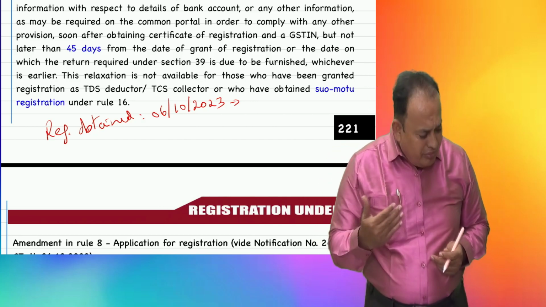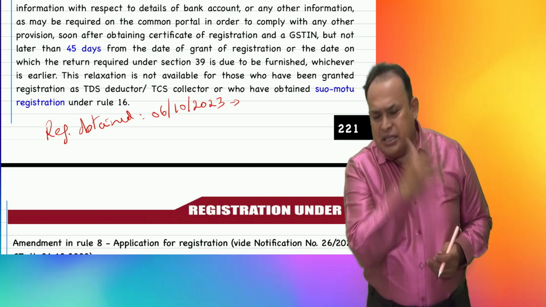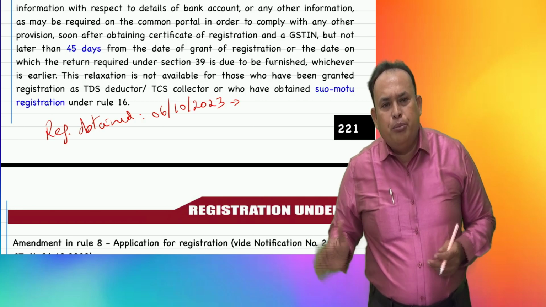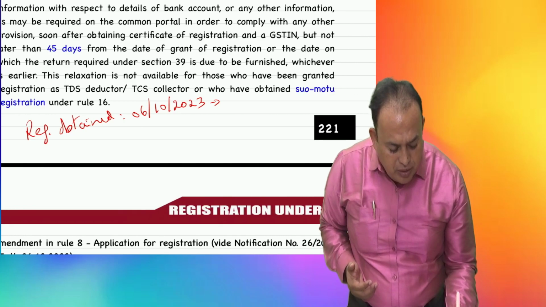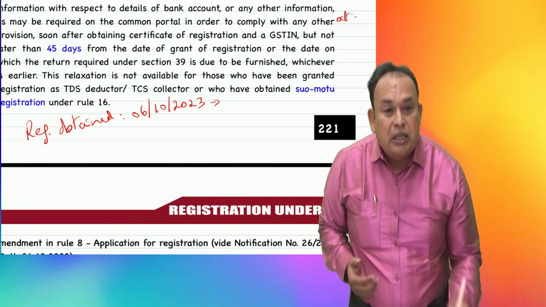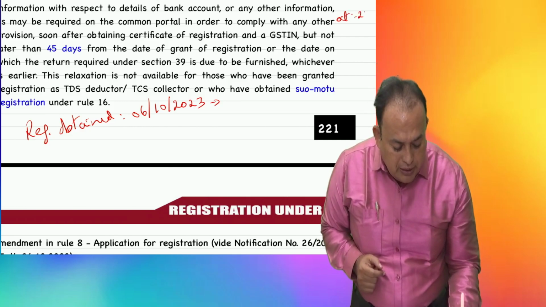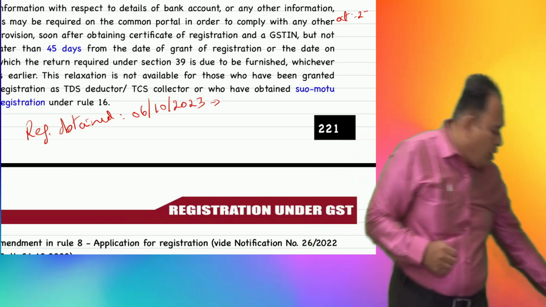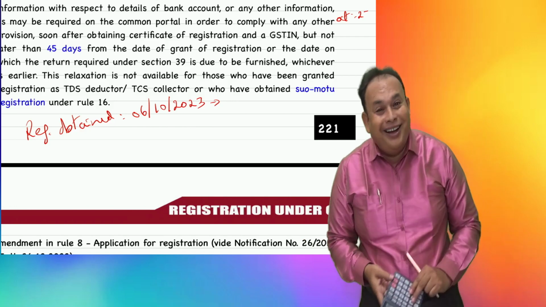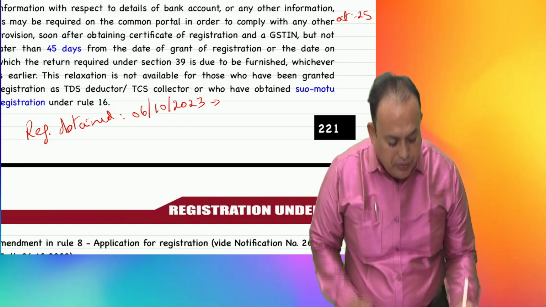So in the month of October, out of 31 days, 6 days are gone. Balance left for how many days in the month of October? Tell me quickly. 25 days. Good, October, 25 days.